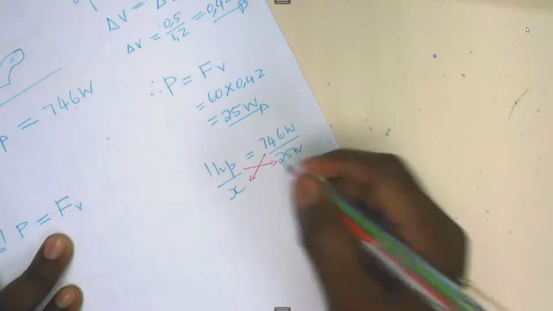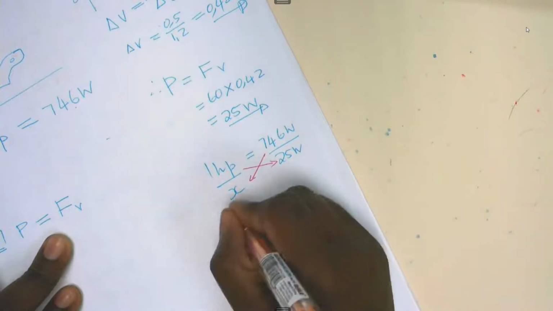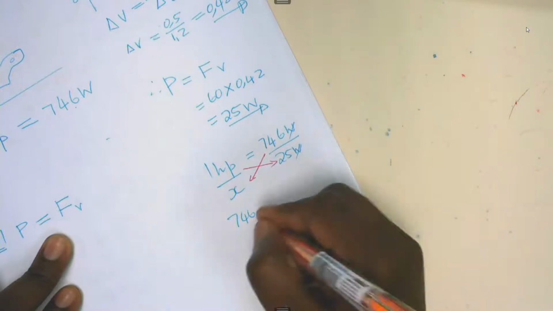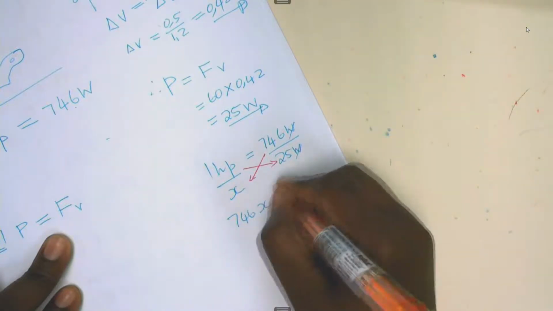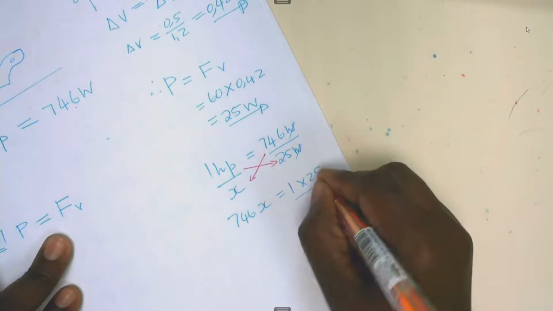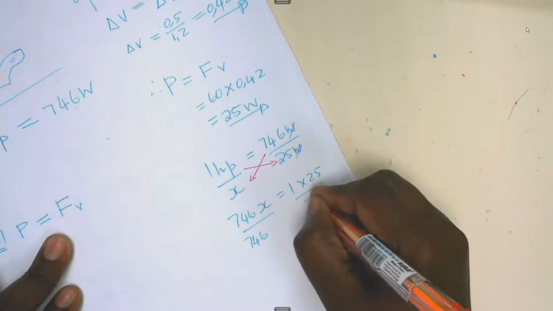So just cross multiply this, you'll have 746, this unit and this unit will cancel out, times X equals 1 times 25. Then you divide by 746 on both sides.